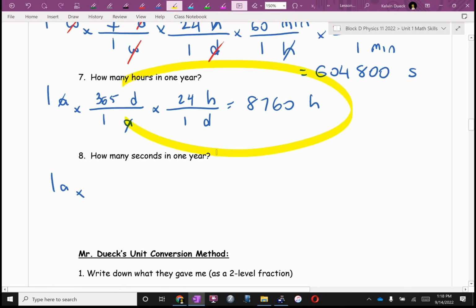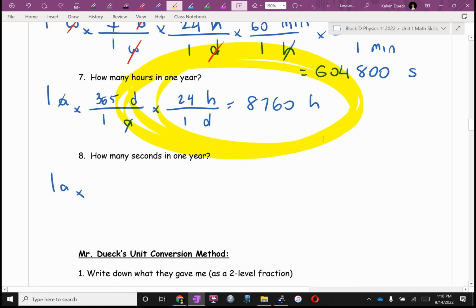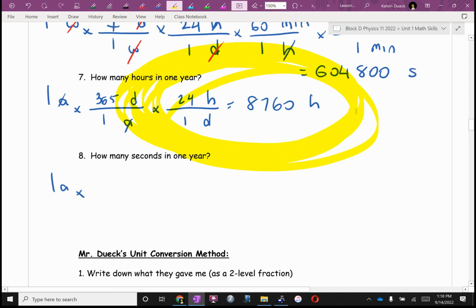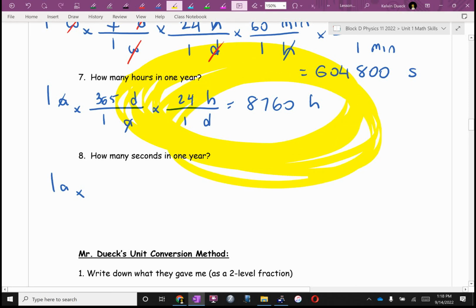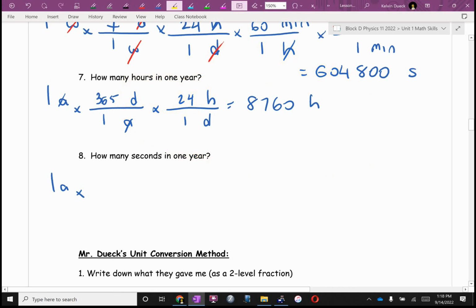If I'm paying attention, if I happen to notice what I've just written, if I'm clever, what could I convert years into and save myself some time? Don't be scared to use an answer from earlier to save yourself some time. 8,760 hours is 1 year.